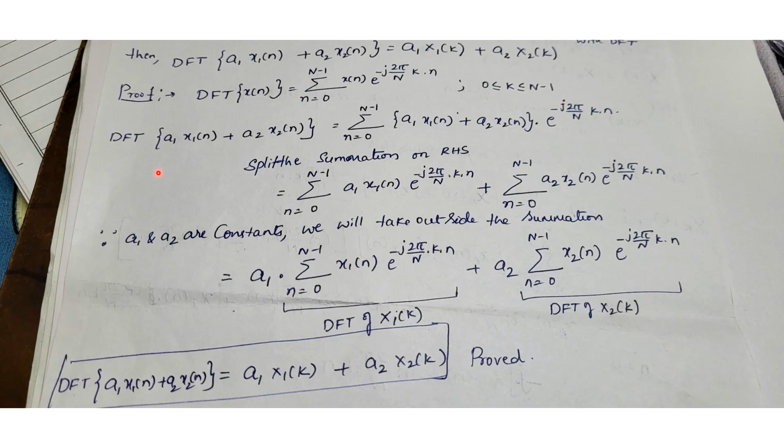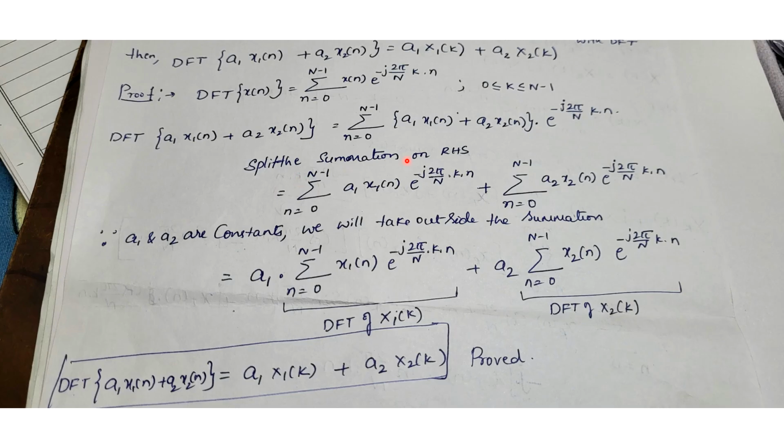So applying this, the DFT of a1 x1 of n plus a2 x2 of n is equal to the summation of n equal to 0 to N minus 1 of a1 x1 of n plus a2 x2 of n into e to the power of minus j 2 pi by N kn.